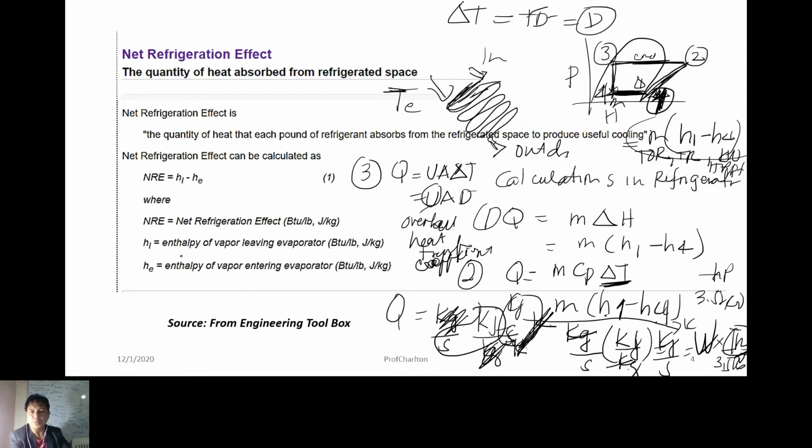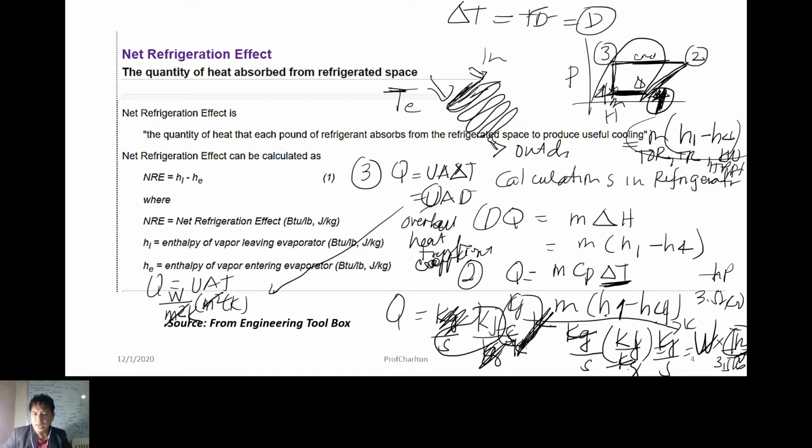So, if we are going to set the unit, set natin yung unit dito. So, Q equals UA delta T. Ito ay temperature. Sabi natin Kelvin. Ito ay area, square meter. So, pag sa metric, watt, square meter, Kelvin, no?